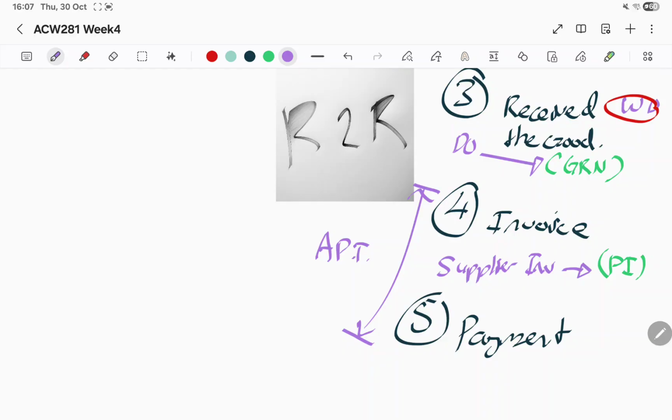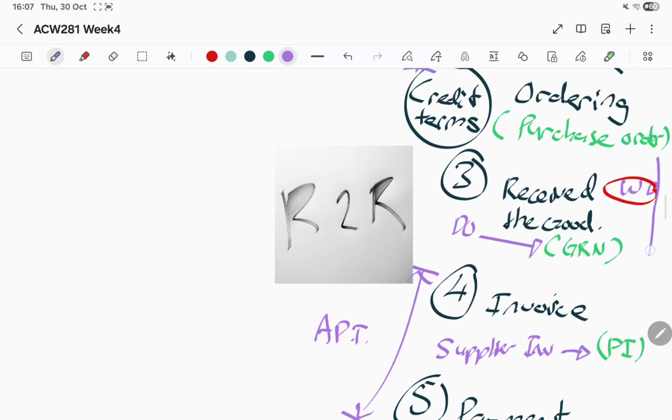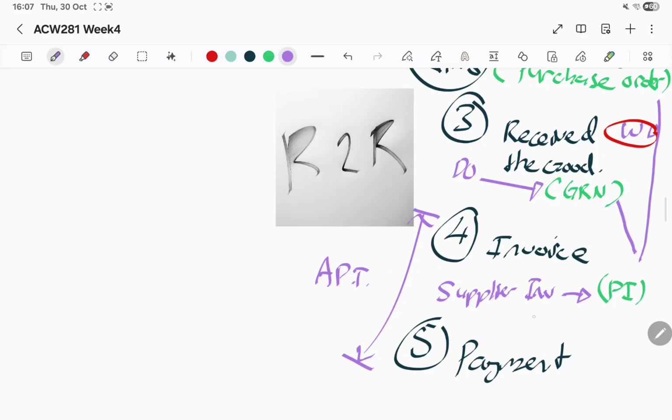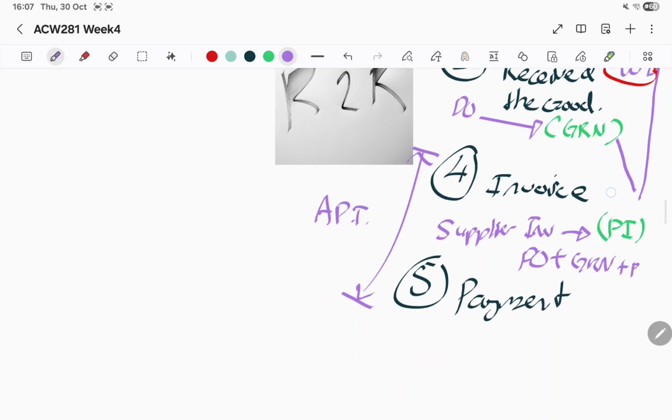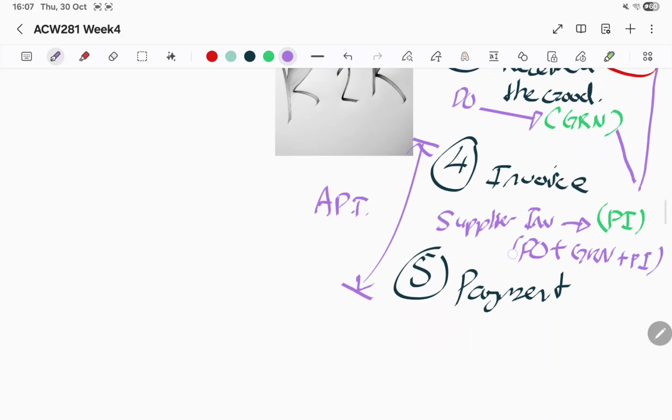So they will do the invoicing, receive, then from there they will do what they call three-way matching. This should match. The PO should match with the GRN and with the purchase invoice. When these three match, then you will enter it into the system, then you do the payment.